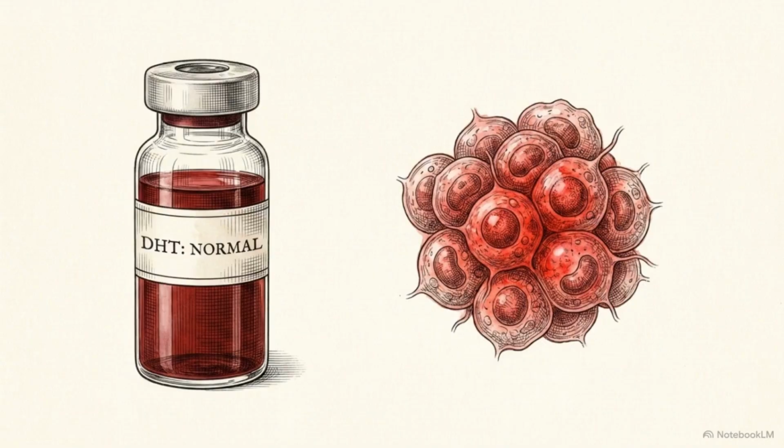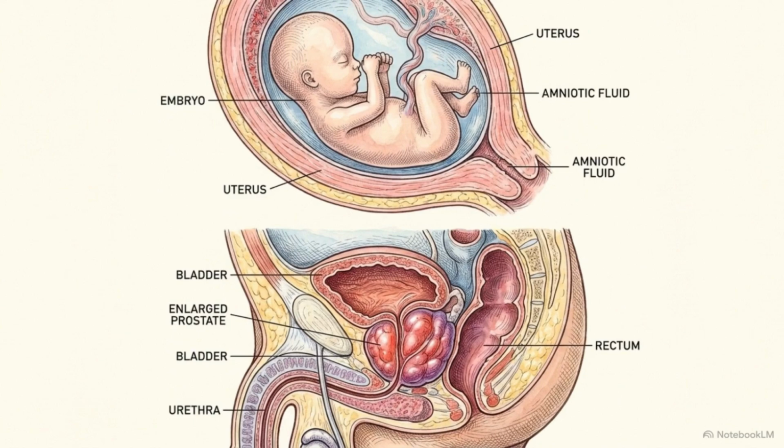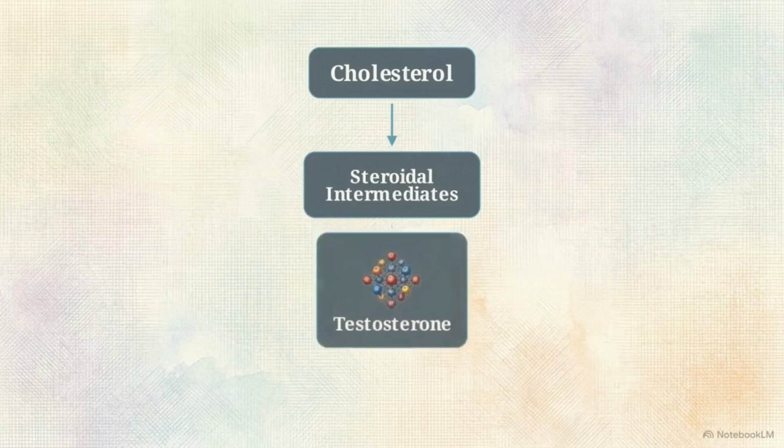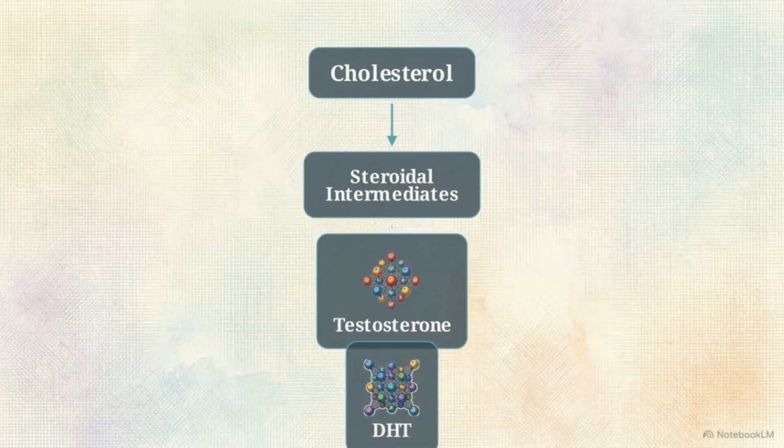Measuring serum DHT on a blood test provides no actionable data. It fails to capture the extreme hormone concentrations accumulating inside the cells. This localized amplifier drives normal external genitalia differentiation in embryos, and later in life, it drives pathological prostate hypertrophy in adults. In severe hyperandrogenic conditions, the standard enzymatic pathway is not the only mechanism producing DHT.